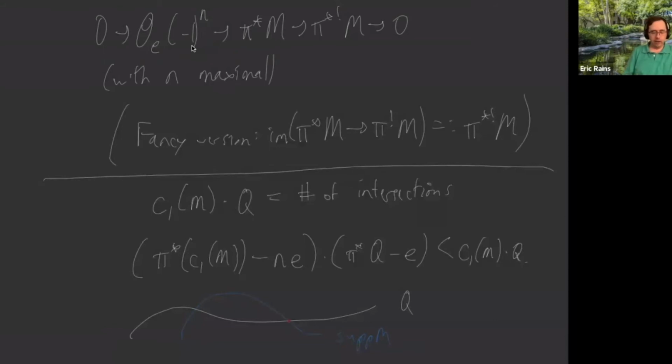Okay. And the other thing to observe is that N is always going to be positive in this case. Because N is at least 1, and at most the multiplicity of the support of M at the point being blown up.